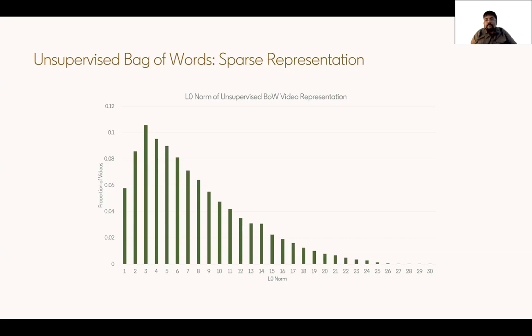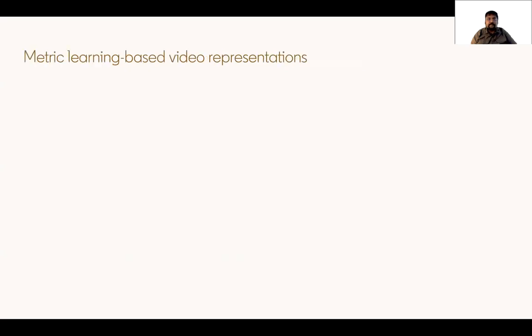For example, one cluster might be responsible for indoor scenes, or one cluster might be representation for outdoors, and one for faces. So these clusters tend to represent some semantic concepts that might be crucial to discerning between different videos and what they consist of. Invariably, they end up being very sparse.